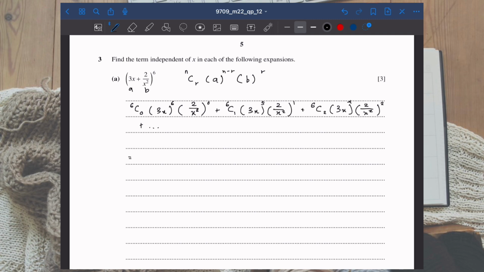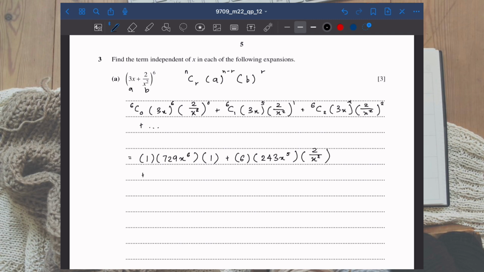Right, let's simplify each one. 6c0 is 1. (3x)^6 is 729x^6. And any term to the power of 0 is 1. And 6c1 is 6. (3x)^5 will be 243x^5, and 2 over x squared.